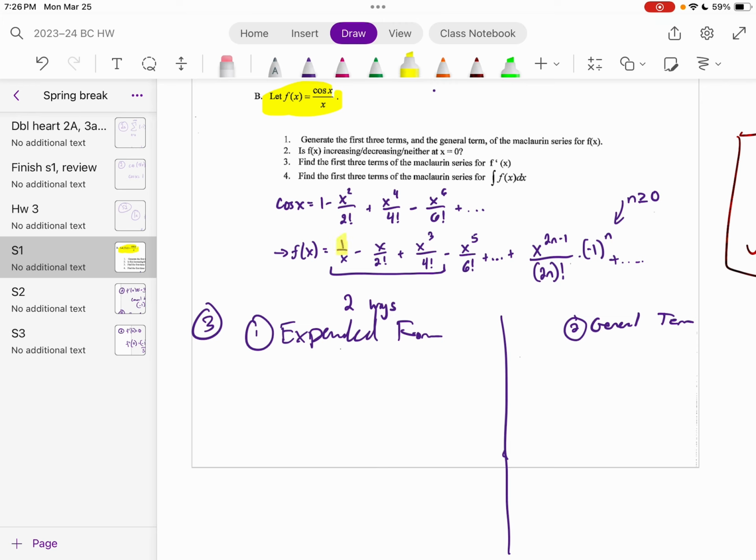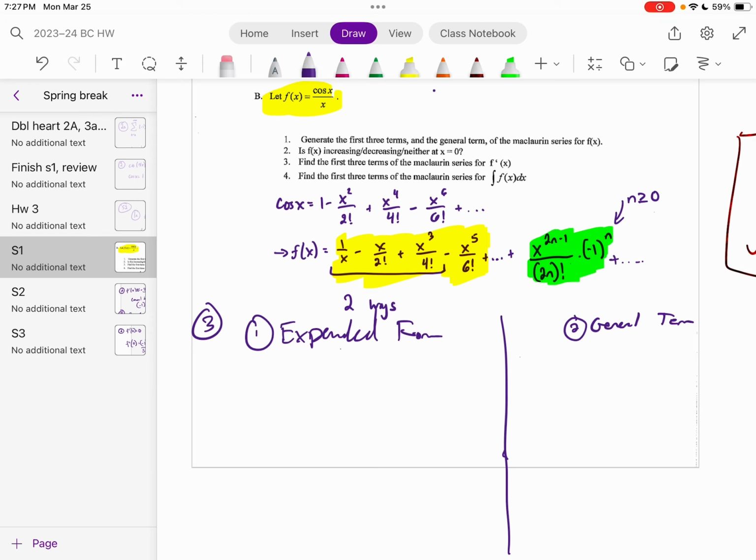We could either take the derivative of the expanded form, which is in general definitely what you're going to want to do for almost all of these, or we could take the derivative of the general form and then expand out. So we'll do that 2 ways this one time. And then, we'll probably mostly do it the first way.